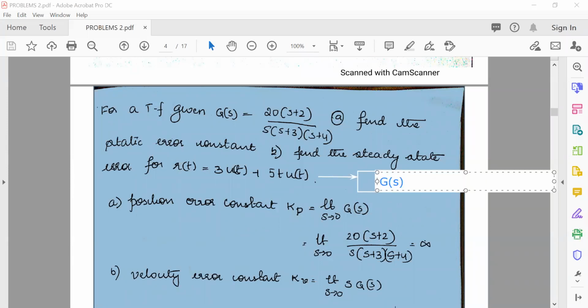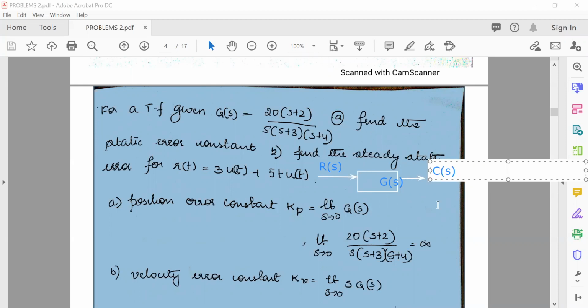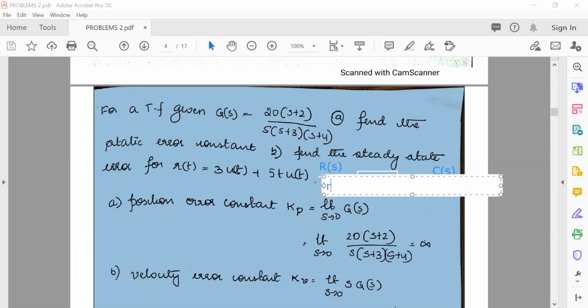What is the input that comes to this block? We write it as R of s, and the output will be C of s. So R of s is an input, the reference input. This is the controlled output. So in the s domain it is R of s; in the t domain it becomes R of t. This is what is shown here as R of t. It doesn't mean it is a ramp input. It is just an input, the reference input. Okay.